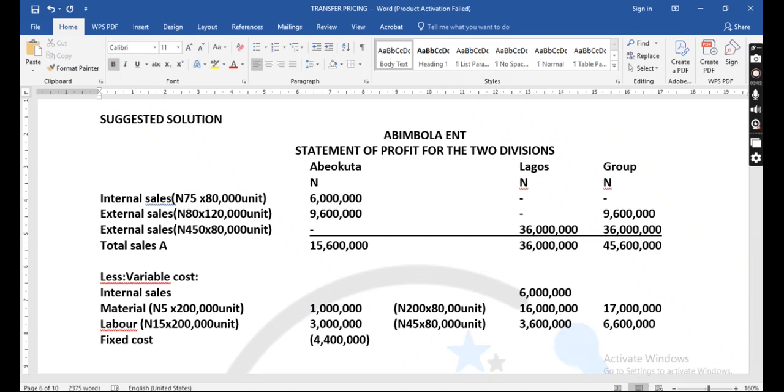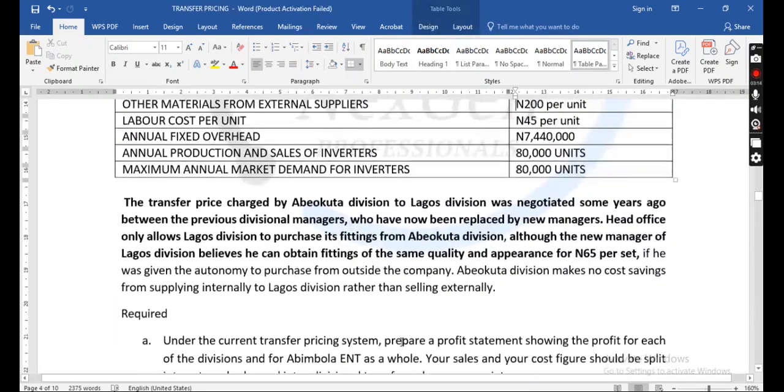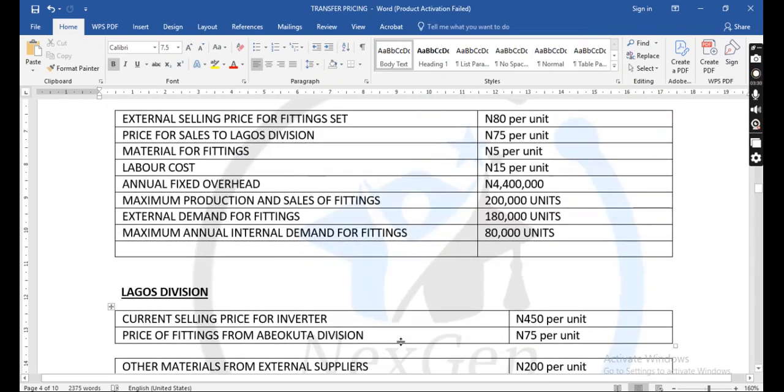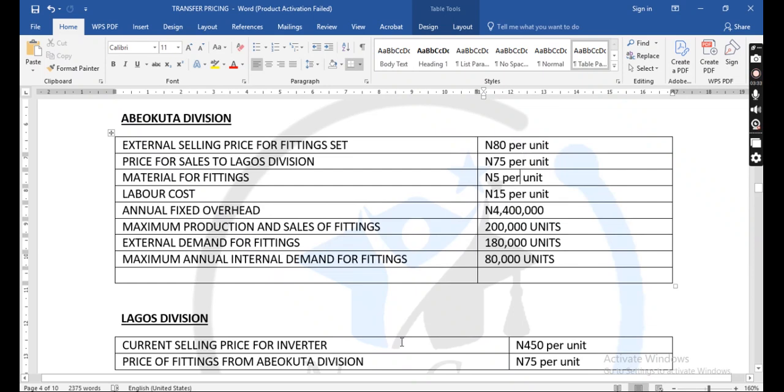Then what of Lagos? What do you have for Lagos? 7,440,000. Can you see it? Yes, sir. Can you confirm the fixed cost for Abeokuta? Yeah, I've confirmed.